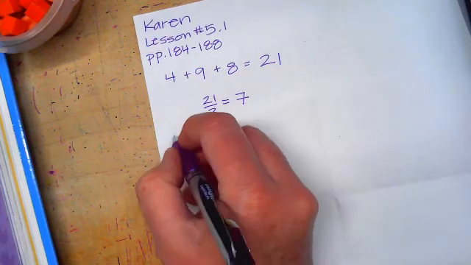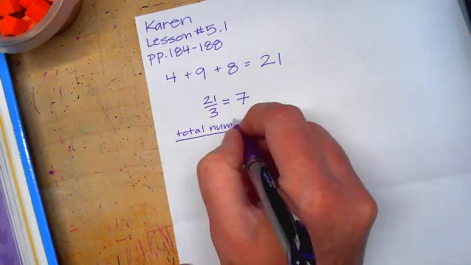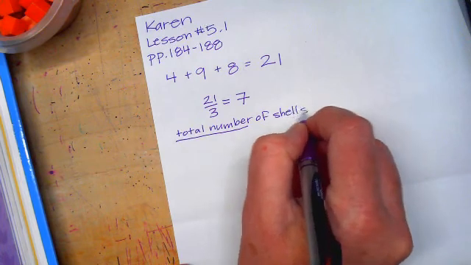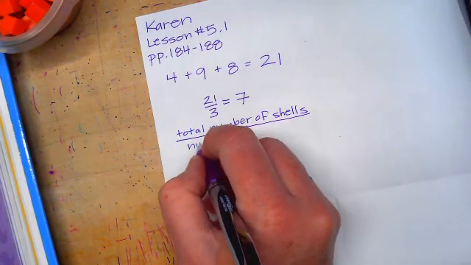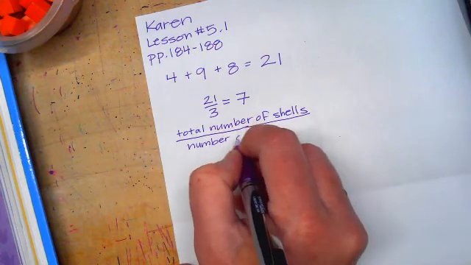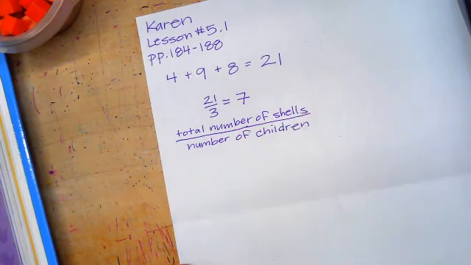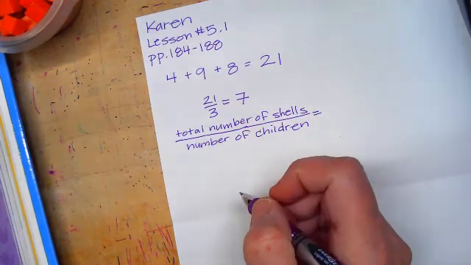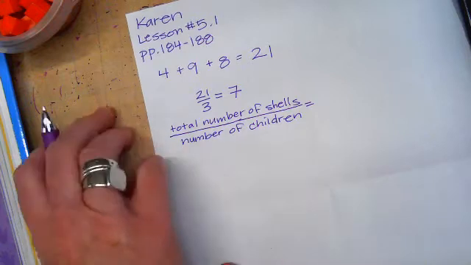So in other words, this is the total number of shells divided by number of children. And that's how we find the average of a number. And so that's typically the way that we look for the average in a set of data, okay?